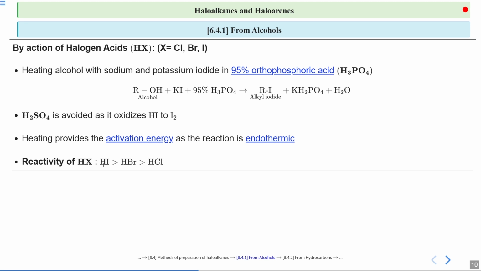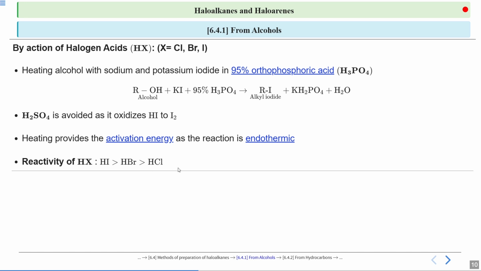Also, the direct use of hydrogen iodide is very challenging because it is very volatile, having the highest volatility, and because it is a strong acid and also a strong reducing agent.